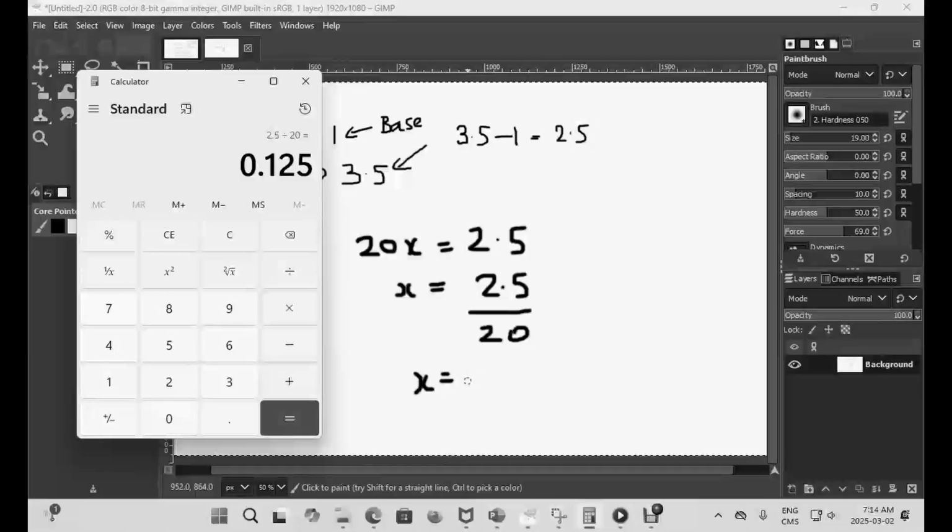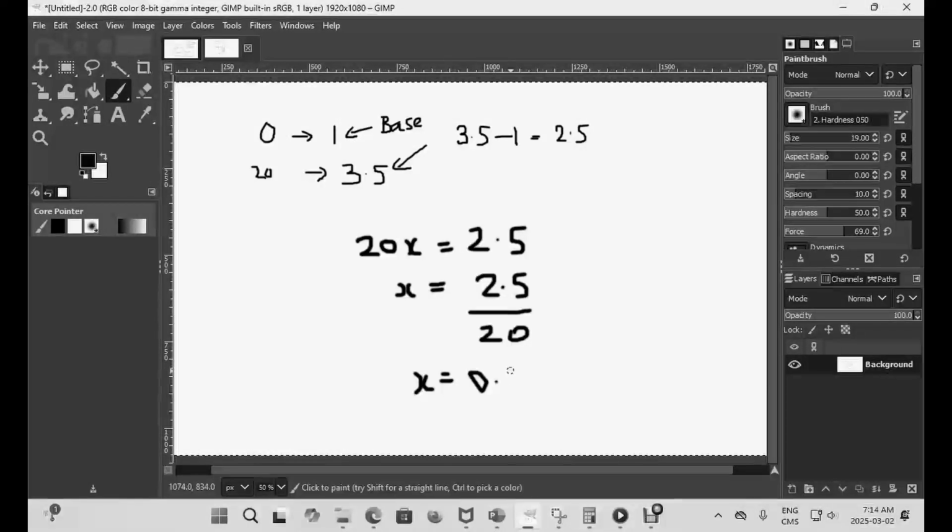This will be 0.125. So this basically means that for every link, your web page ranking will go up by 0.125. Now the target is 5. So this is our target.